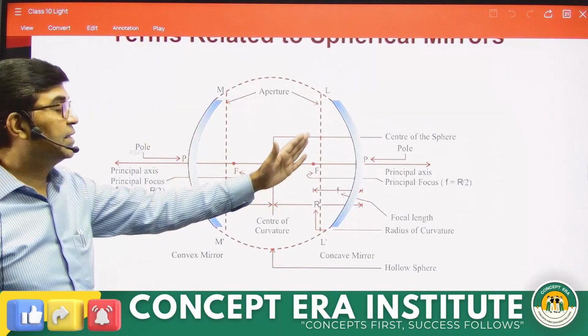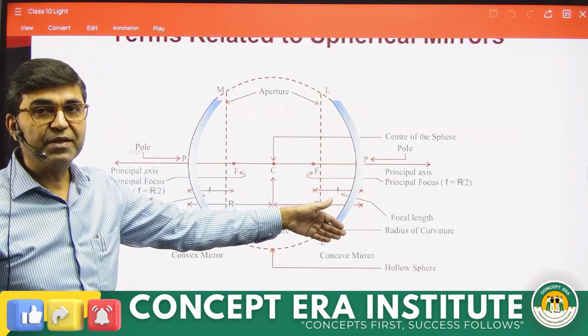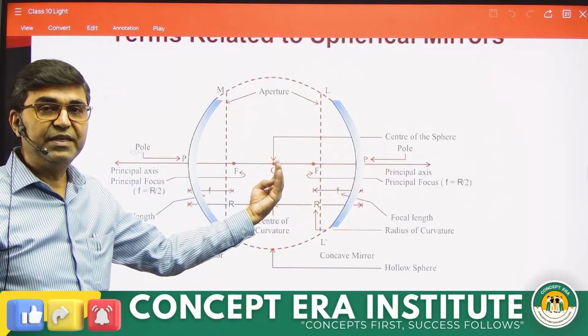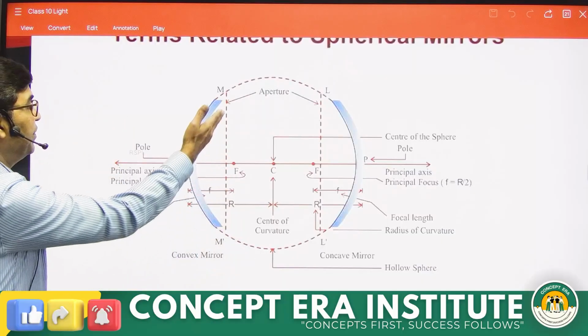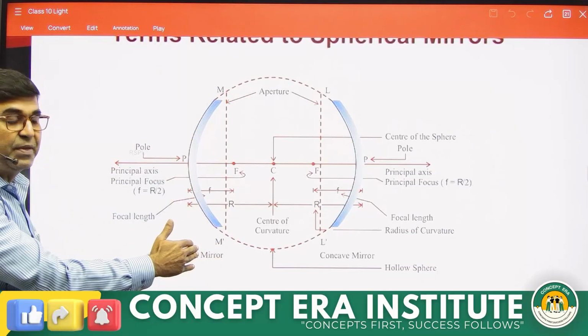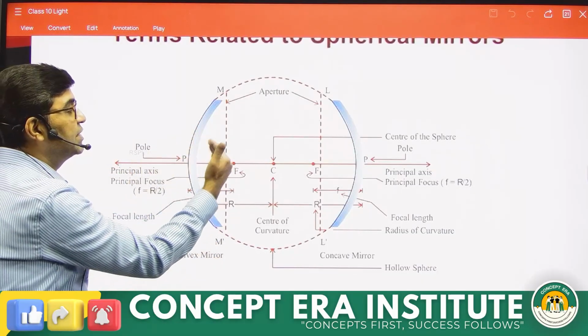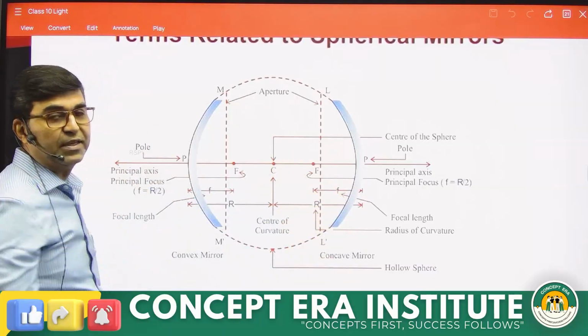Now keep in mind that when we are using a concave mirror, the center, the radius and the focus are on the left side. But if we are dealing with convex mirrors, then the principal focus, center and radius are on the right side.